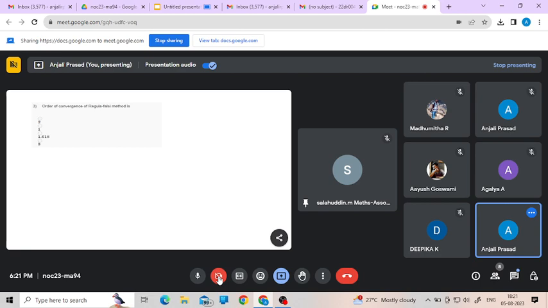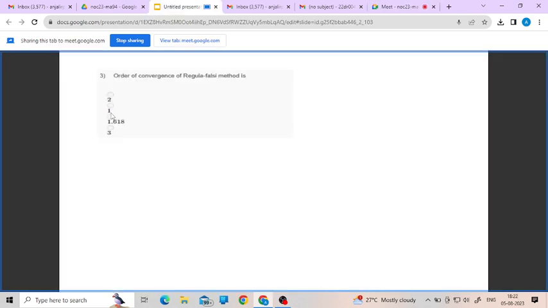How to calculate the order of convergence.